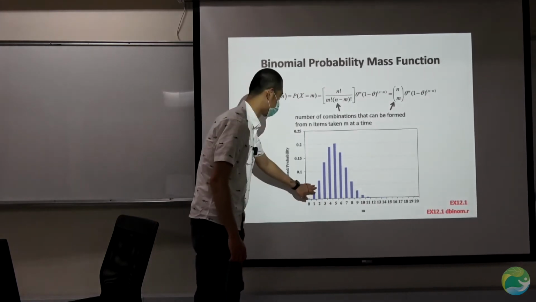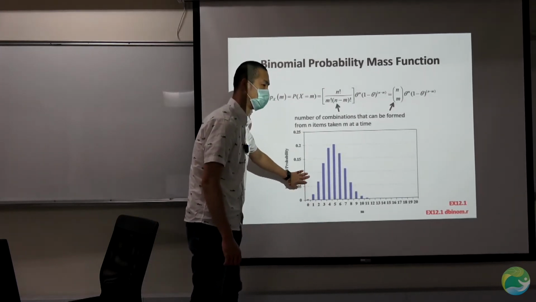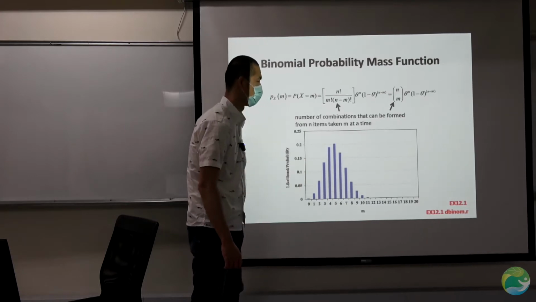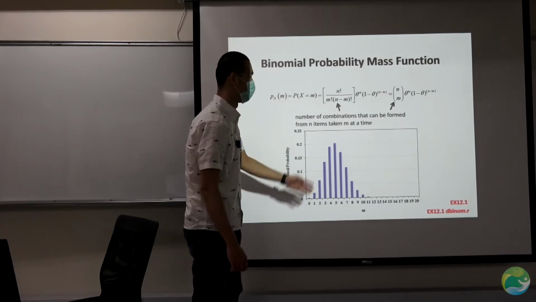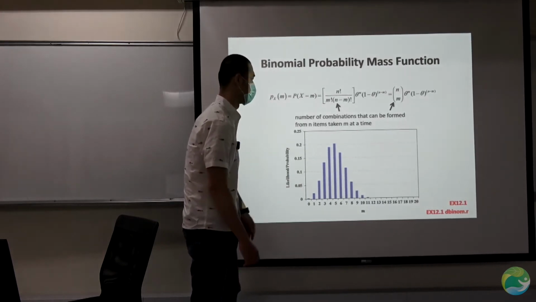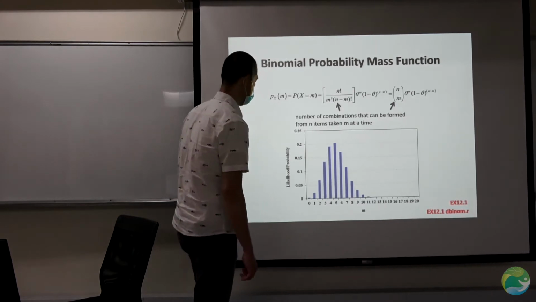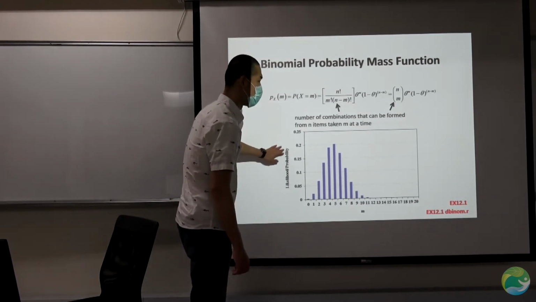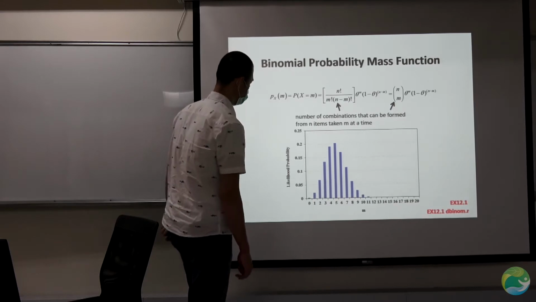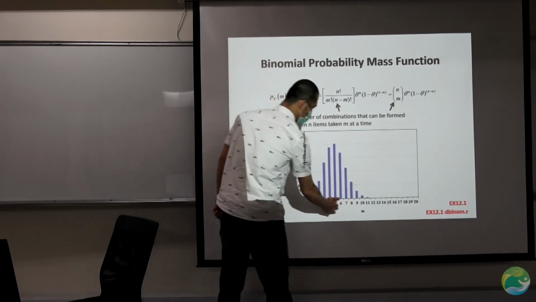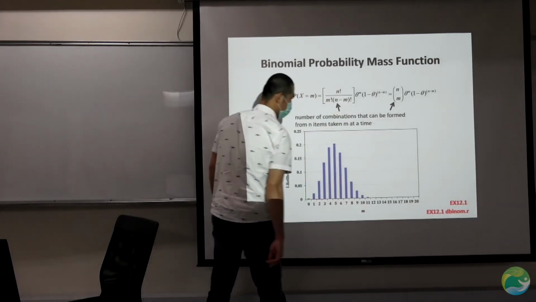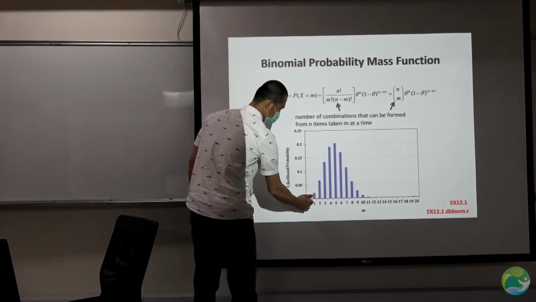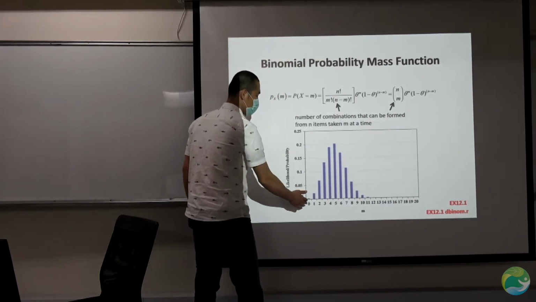In this case, this is a probability experiment. We already know n, which is the total number of trials, and we already know p, the probability of success. And here tells us the number of successes. So number of successes is a random variable.